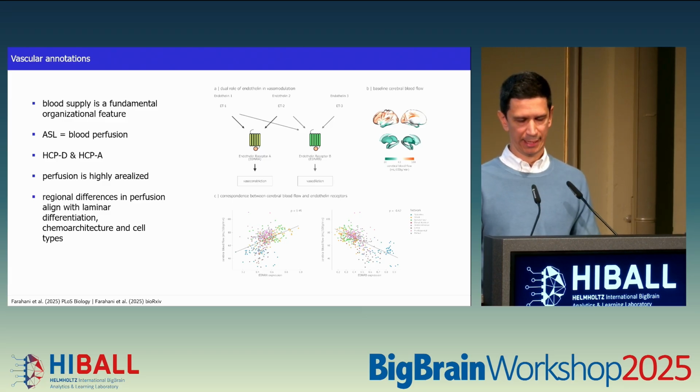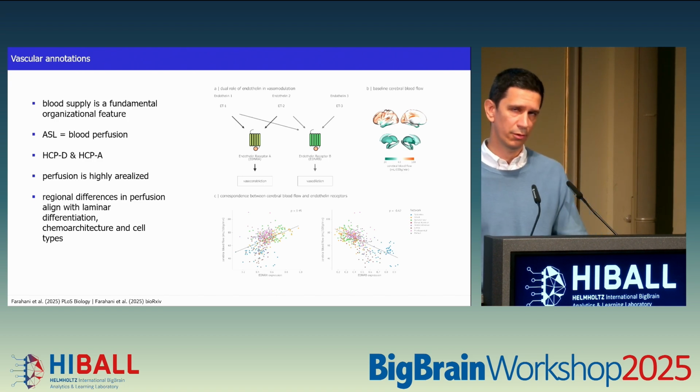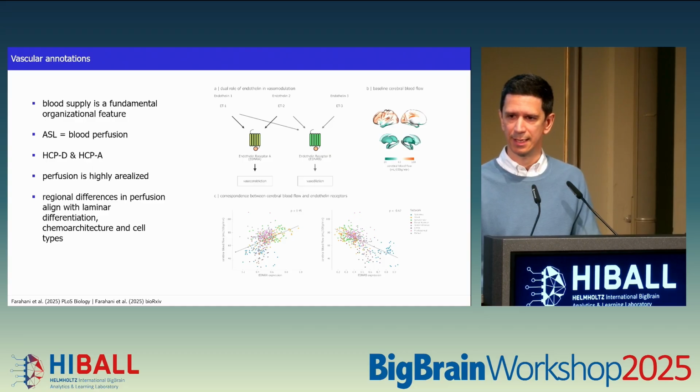And so they should be related to perfusion, but they should be related in completely different ways to perfusion. And that's what you can see in the scatter plots. We're plotting regional differences in endothelin receptor distribution against regional differences in perfusion. And you can see one has a really nice positive correlation, the other one has a really nice negative correlation. Again, having all of these data sets under one roof can really open up, in my mind, very exciting, very important questions.